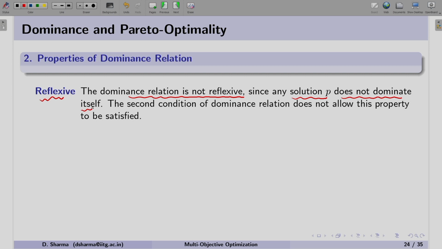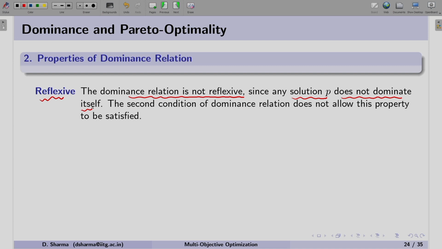Now, let us remember the concept of dominance, that solution 1 should not be worse than solution 2 in all objectives. So, this condition is satisfied when I am comparing solution P versus solution P, the same solution.